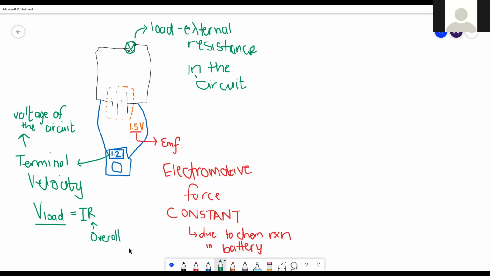Now the one big thing that you should have noticed is that we are still having a difference in the potential difference over here, and that difference is called internal resistance.